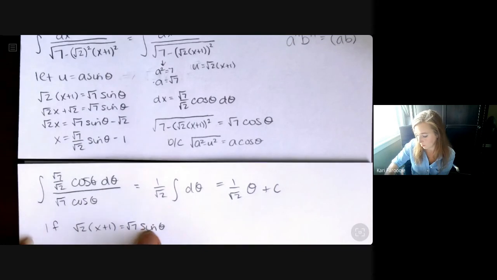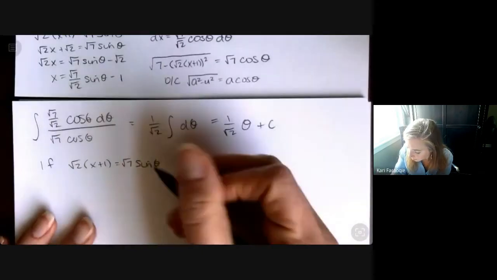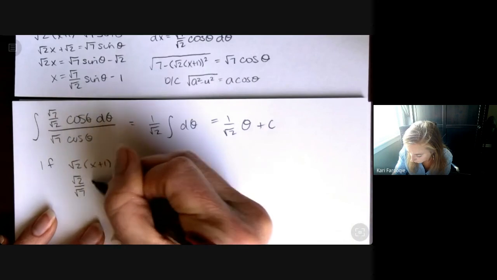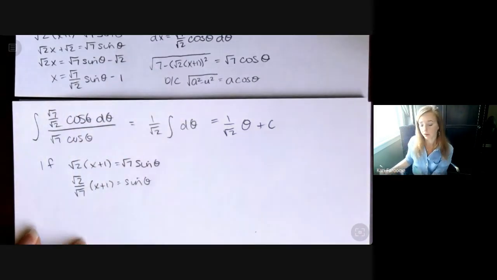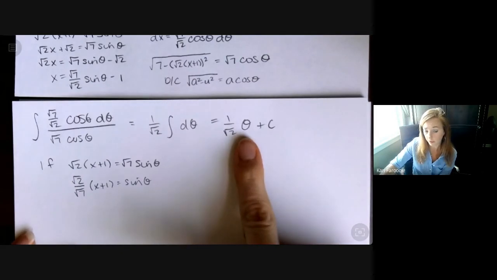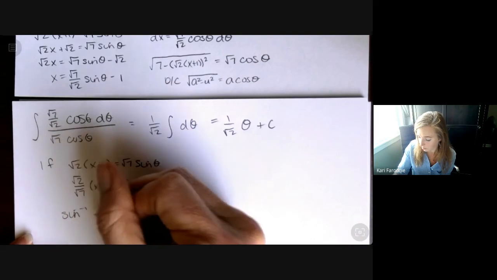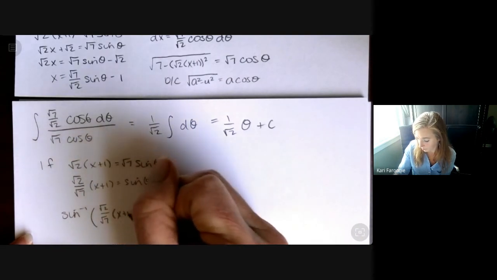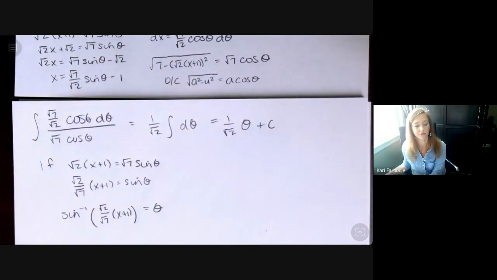This might be the fastest way to isolate sine theta. So divide both sides by the square root of 7, and that will get you to sine theta. But we just need theta. So if you're trying to isolate theta, take the inverse sine on both sides, and that will get you to theta.